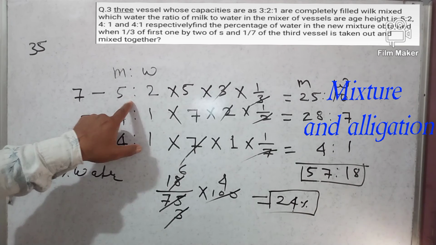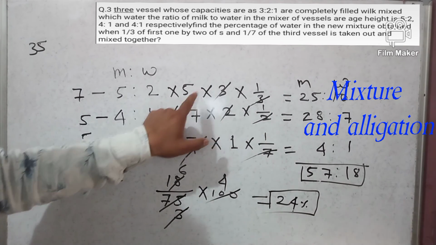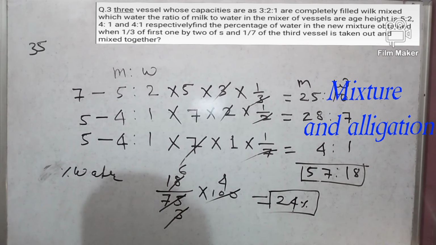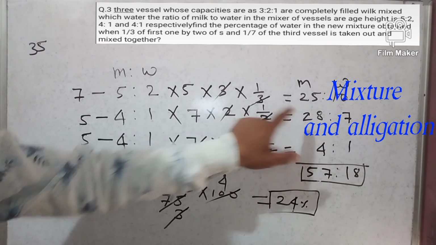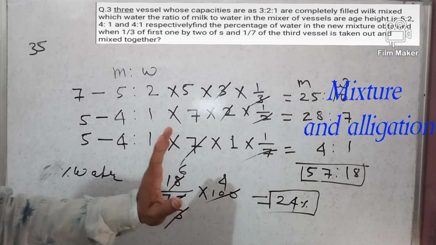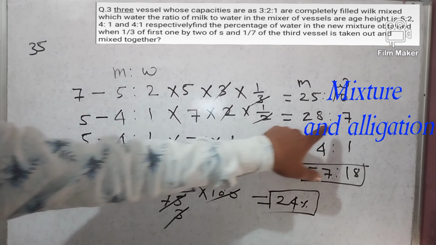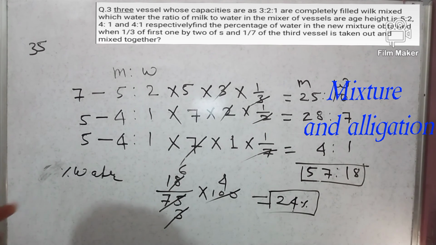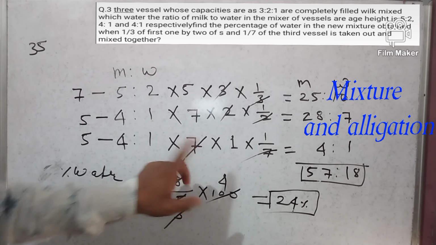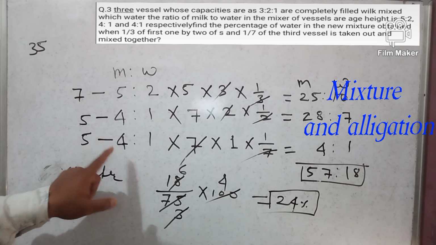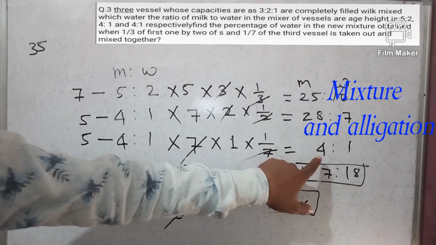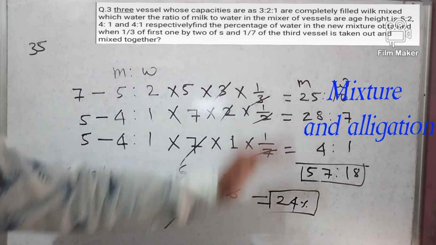So 5 times 5 is 25 milk, 5 times 2 is 10 water in the first container. Second container 7 times 4 is 28, 7 times 1 is 7, milk and water. In the third container the ratio, all cancel, so we only have 4:1. Now add them.